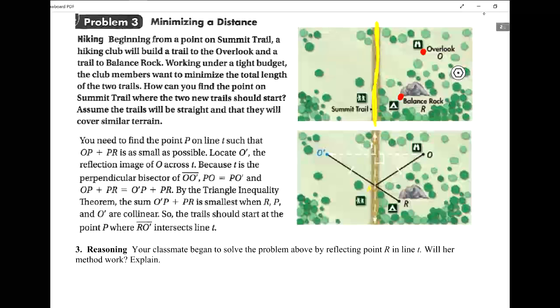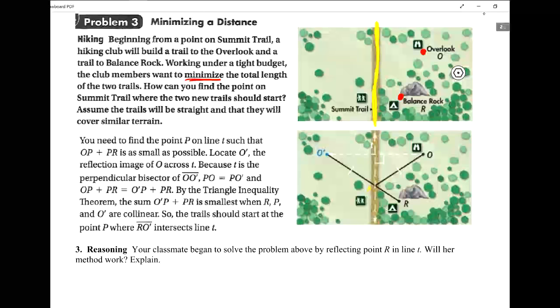And it says we're working under a tight budget, so we want to minimize the total length of the two trails. How can we find a point on the trail where the two trails should start? And we're going to assume that they will be straight and they will cover similar terrain. So not a lot of ups and downs. We could put the trailhead anywhere on our original trail here, Summit Trail. Okay, but we want a trail that is the shortest.